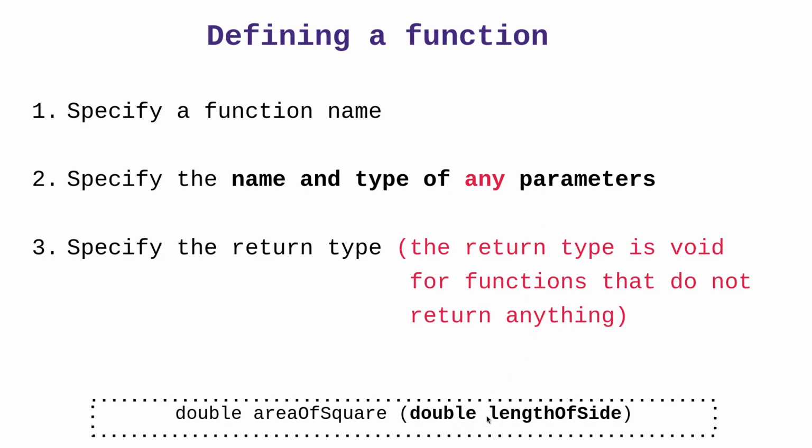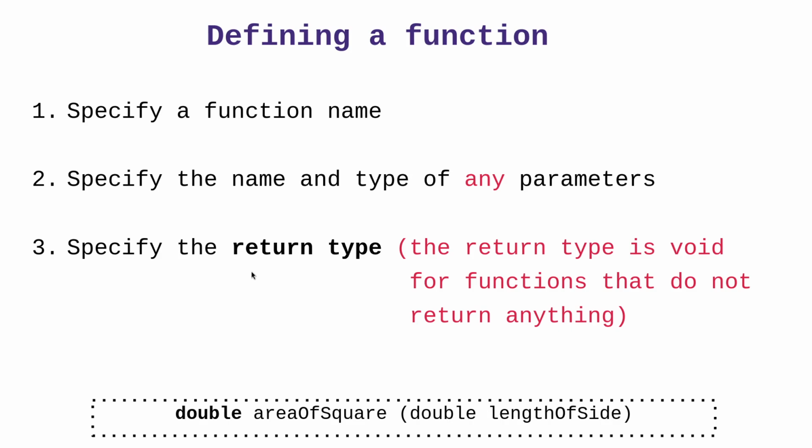In this example, our function only has one parameter, but functions can have multiple parameters. If there is more than one, we use a comma to separate them. In this case, the one parameter is called length of side, and it is of type double.